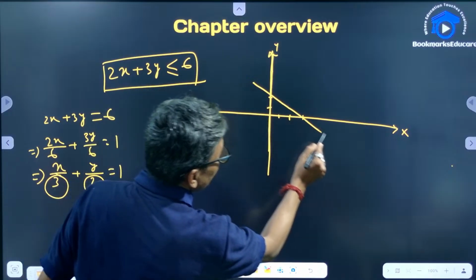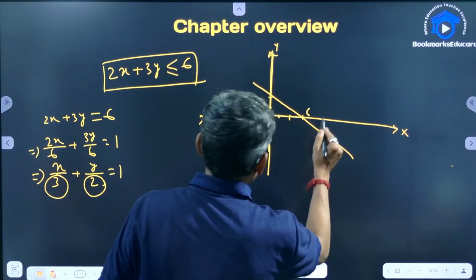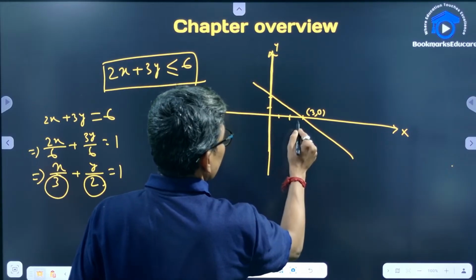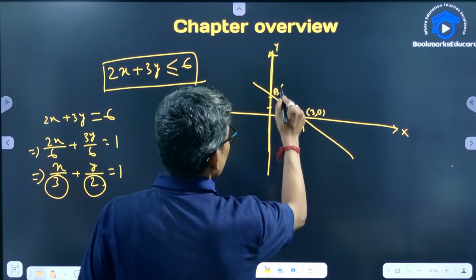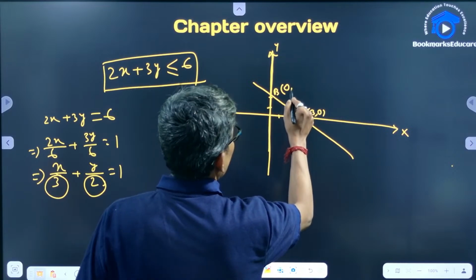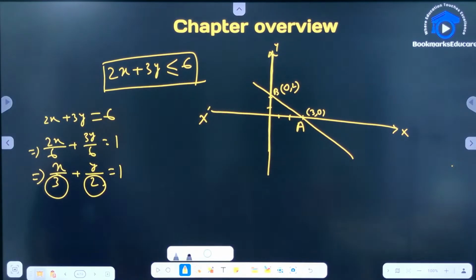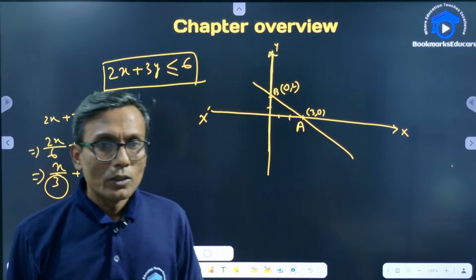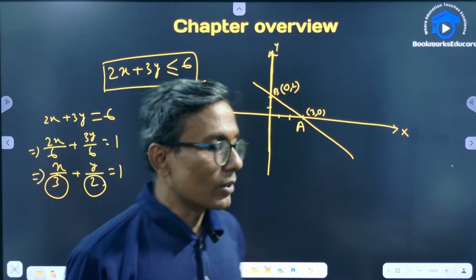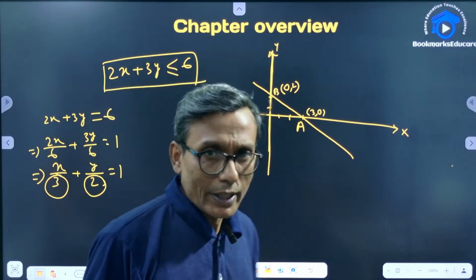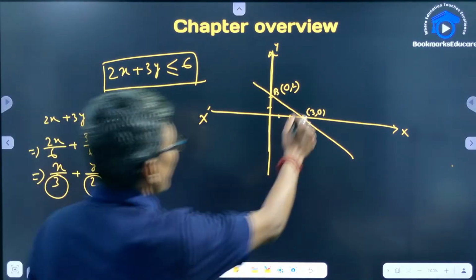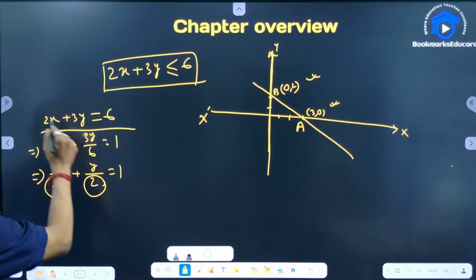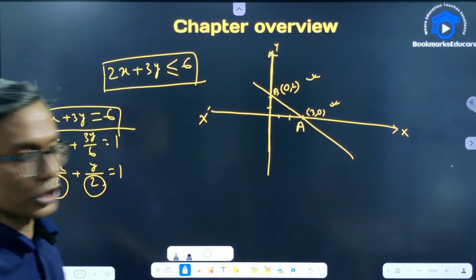So this one is (3, 0) and these are points A and B, so this is (0, 2). Clear? So what is the second step? We have to find at least 2 points of coordinates on the line such that we can draw it. So these 2 points are already obtained from this linear equation.